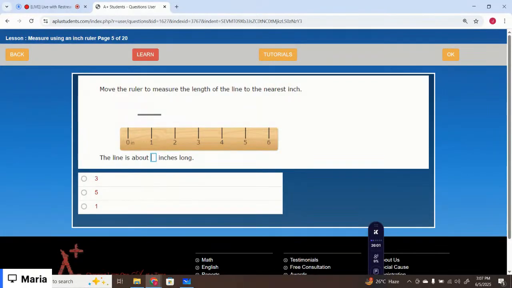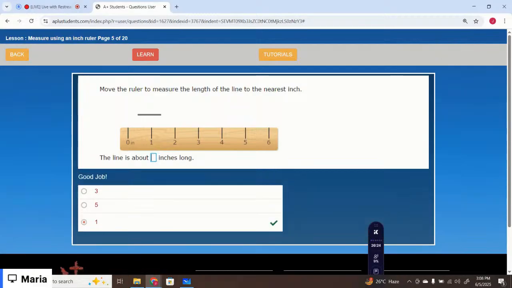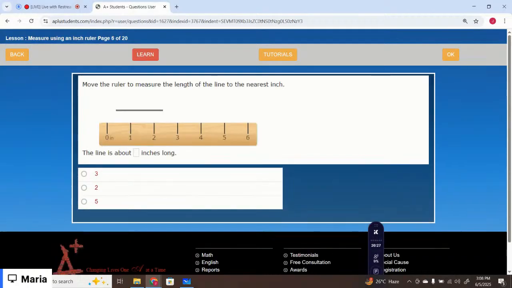Move the ruler to measure the length of the line to the nearest inch. So which is the correct option? That is 1 inch. Option number three is the correct option. Move the ruler to measure the length of the line to the nearest inch.